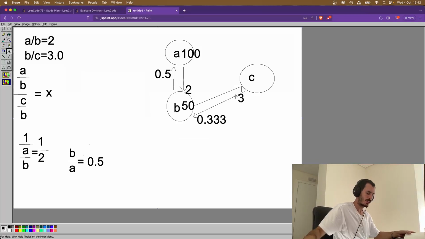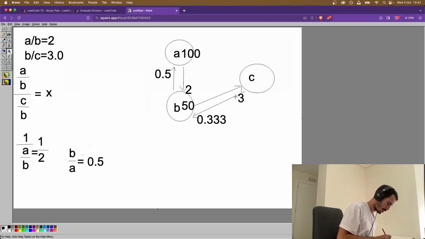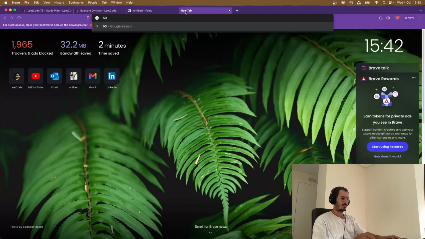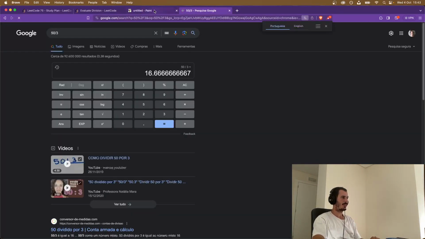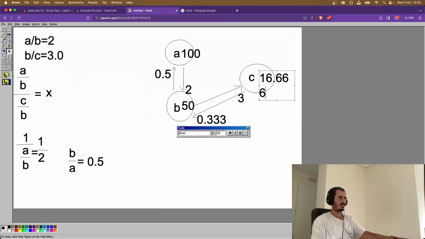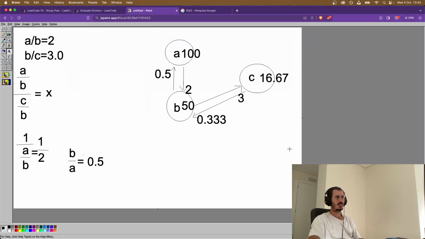So exchange that. Just do calculations, don't want to say anything wrong. So 50 divided by 3 is C, that will be 16.666. Not 666, actually, 67.